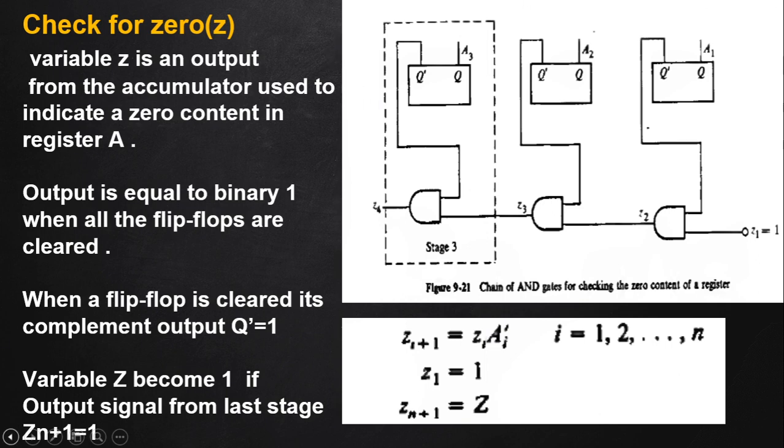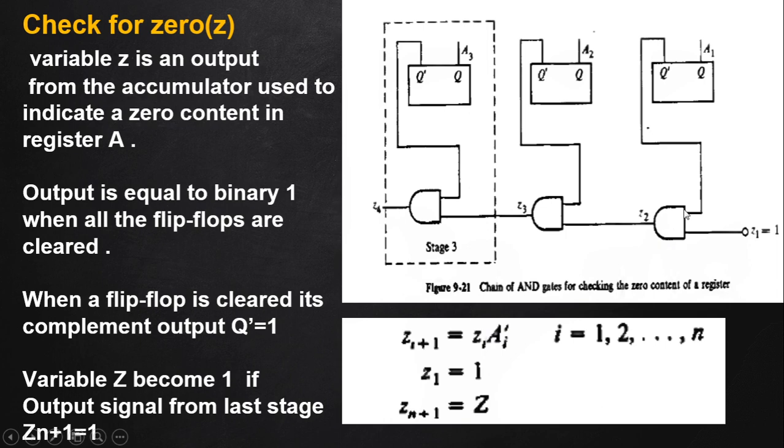Okay, so consider this diagram. If all the bit positions of our accumulator register are currently holding value 0, then their Q complement values become 1. If Q is 0, then Q complement is 1. So we need to consider this Q complement part here. This part is ANDed with this control variable value Z1. Z1 is initially set with value 1.